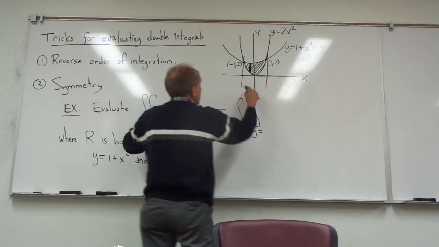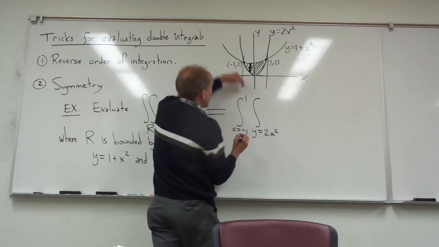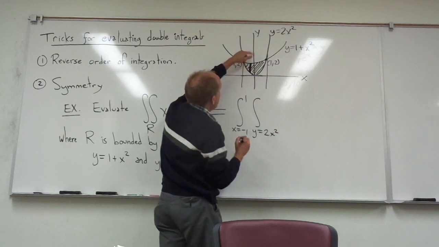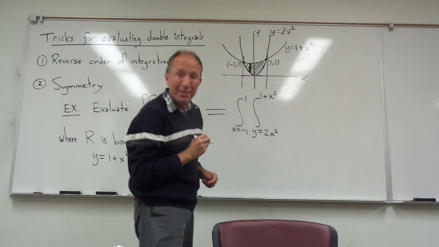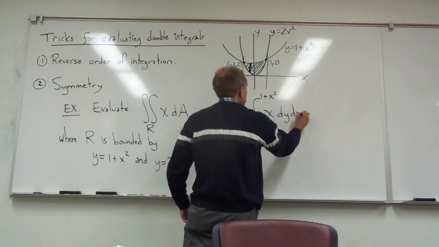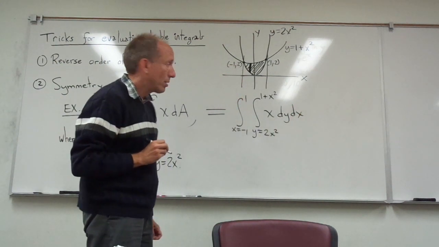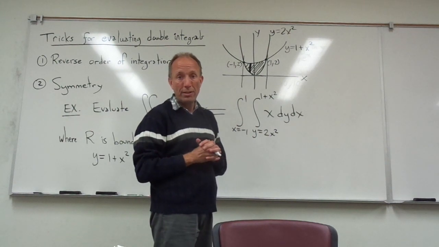On the inside, I can integrate y from the parabola 2x squared, the one that's underneath, up to the parabola 1 plus x squared, which is up on top. And then I'm integrating x dy dx. So that would be the setup of this integral.